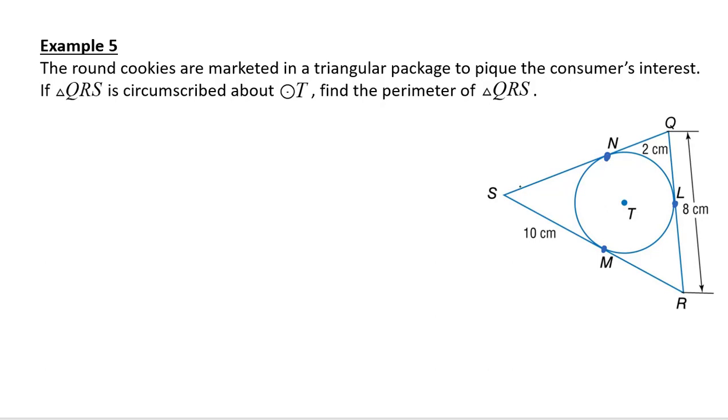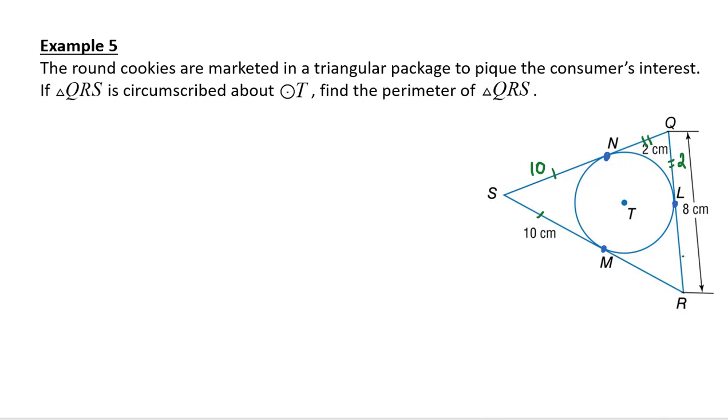I'm going to write in green. So tangents to a point. So MS is equal to SN. So that length is 10. I'll mark that congruent for us. They tell me NQ is 2. That tells me QL is also 2. The whole side QR is 8.